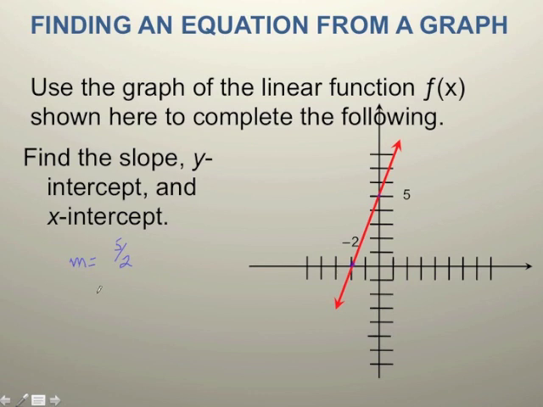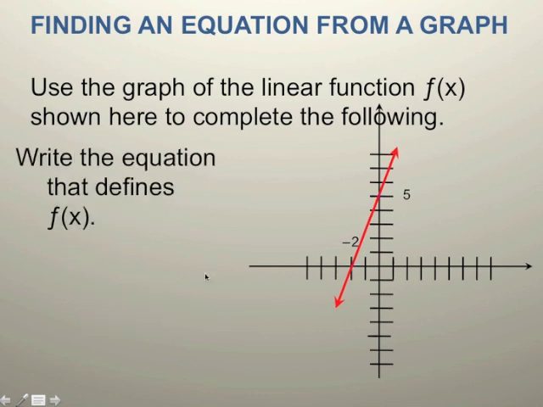The y-intercept: x would be 0, and it would be (0, 5). The x-intercept: y would be 0, and it crosses at (-2, 0). That's using the graph, and we could find those easily.